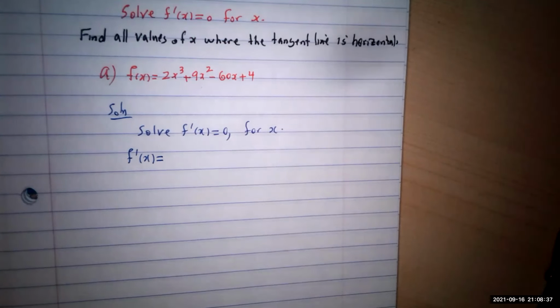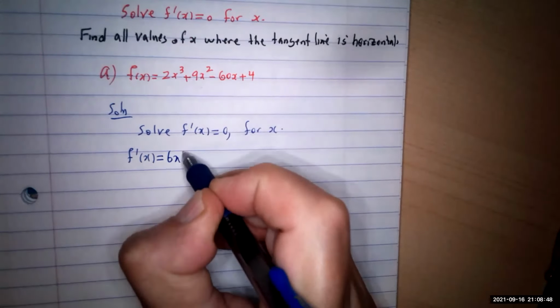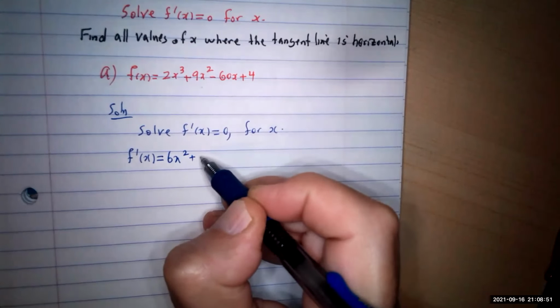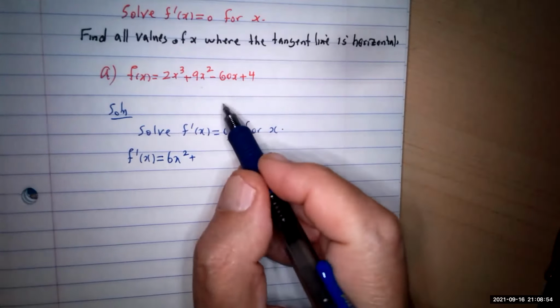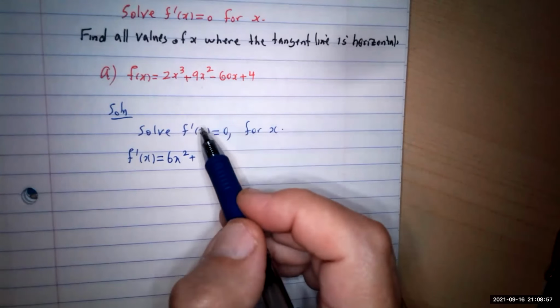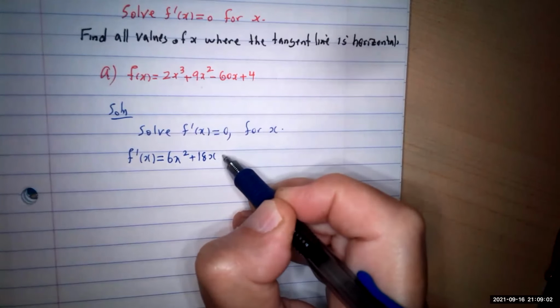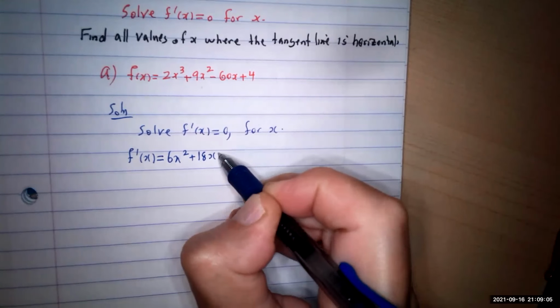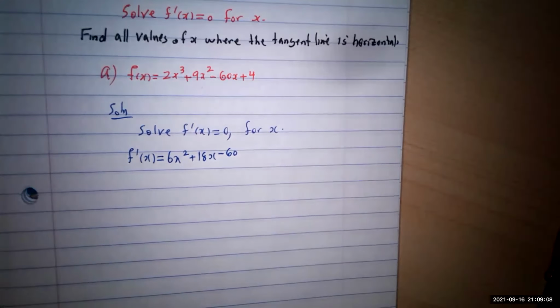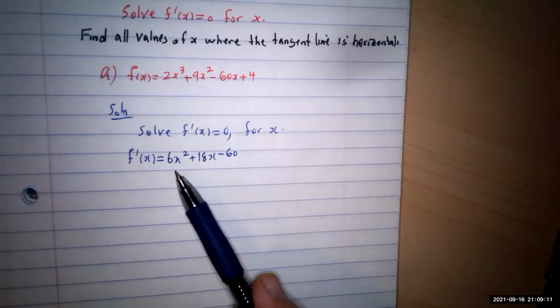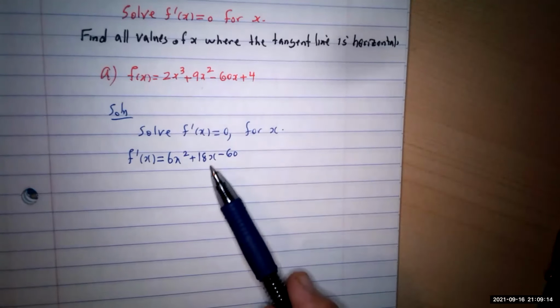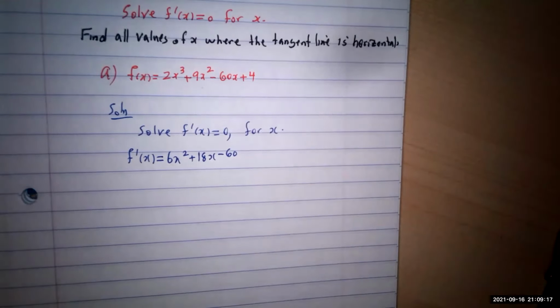Suggestion: exponent times coefficient, you reduce the power by 1 unit. 6x squared plus, 18x, minus 60. That's it. See, exponent times coefficient, 3 times 2, 6, 6x squared, 2 times 9, 18, and 1 times 60, and x disappears, and the derivative of 4 is 0.